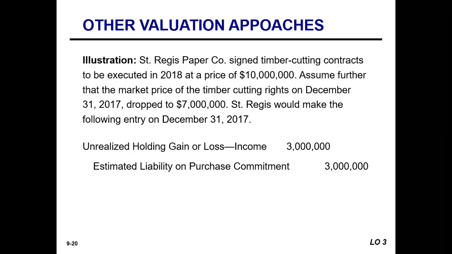So to record this, we would debit that unrealized holding loss, right? If it was a gain, we would be crediting unrealized holding gain or loss, right? Because revenue or a gain is credited, expenses or losses are debited, right? So we're debiting unrealized holding gain or loss and then crediting estimated liability on the purchase commitment.